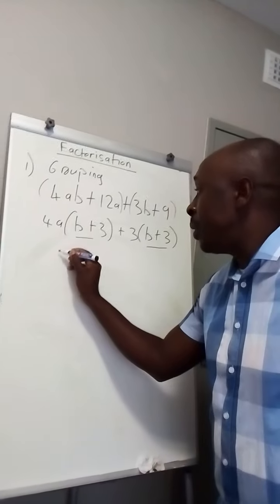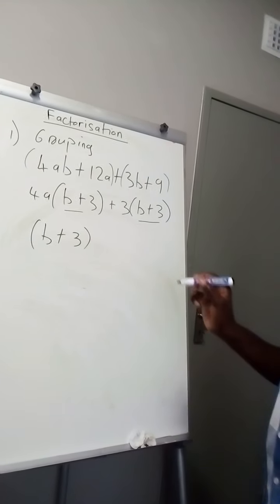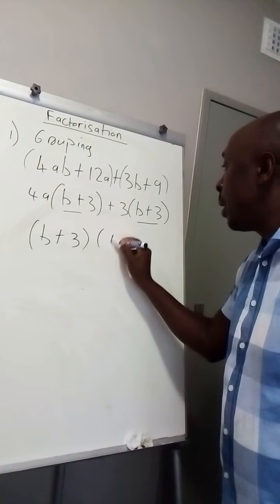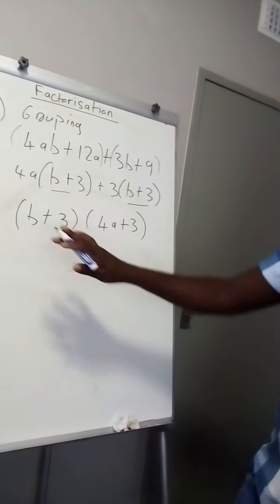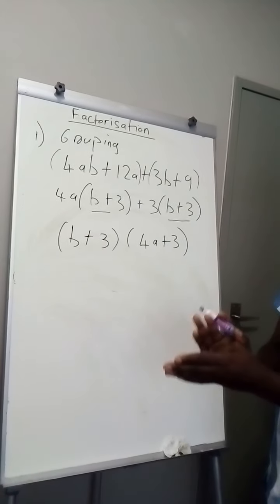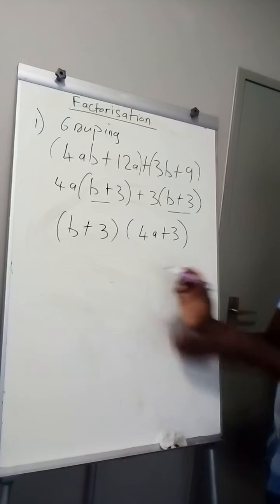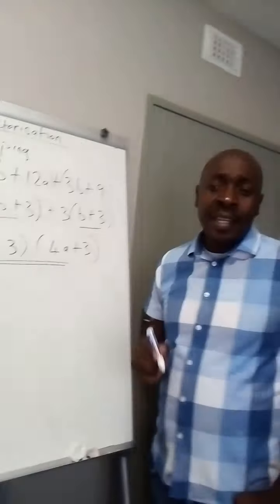So we take b plus 3 as the first factor, and we are left with 4a plus 3. This is the method of factorizing by grouping. This is our solution. Very simple.